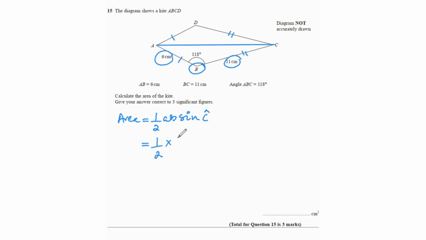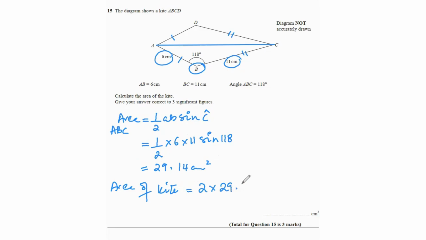So 1 over 2 times 6 times 11 times sine of 118, that's 29.14 centimeters square.